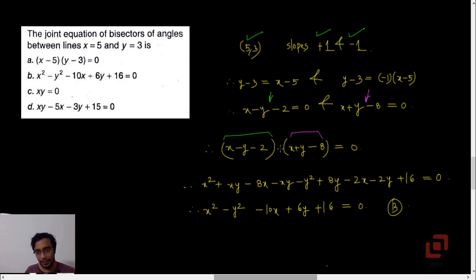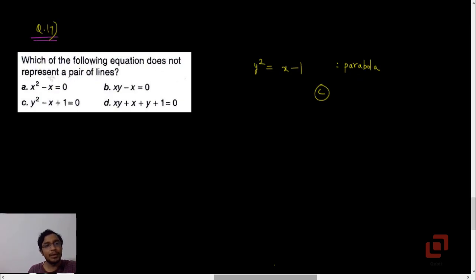If you multiply the first bracket by the second, you will eventually get x squared minus y squared minus 10x plus 6y plus 16 equal to 0. That is option B. Question number 17.